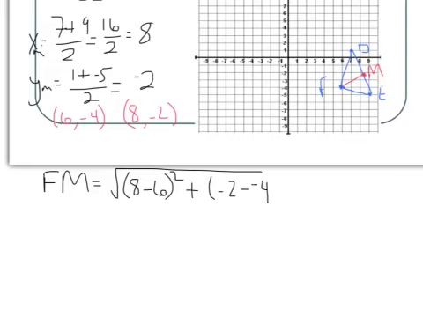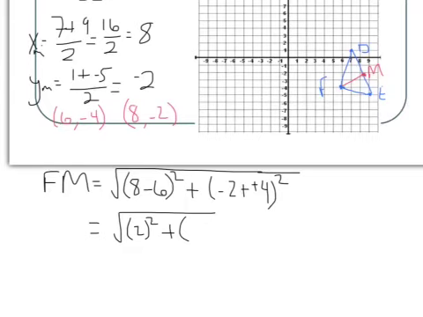It's important to note that in the distance formula, whatever you get for this value here once you square it, and this value here once you square it, it'll always be positive plus positive, because whenever you square something, it's going to be positive. So we're left with 2 squared plus, and here I have negative 2 plus 4, which gives me 2 squared as well.